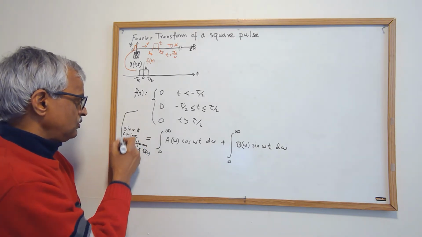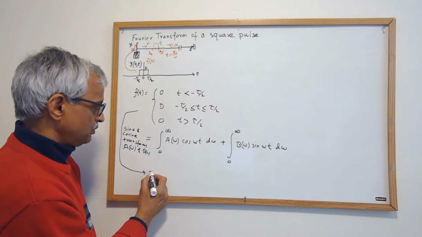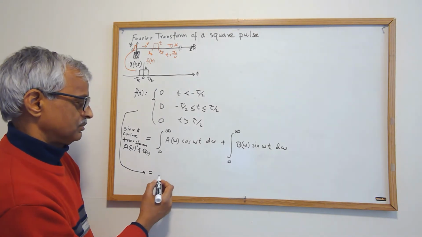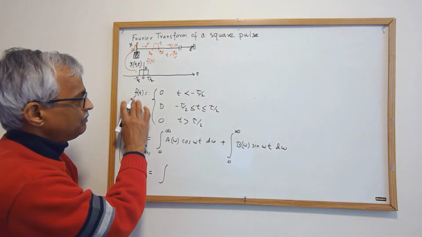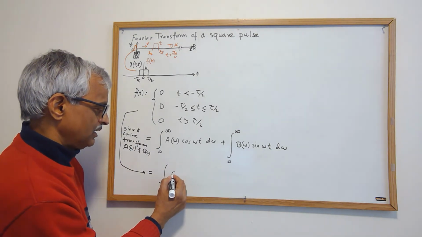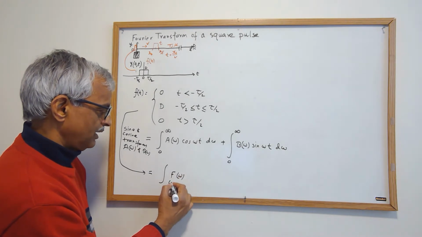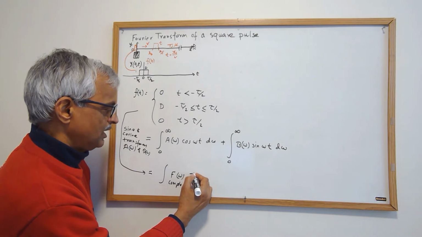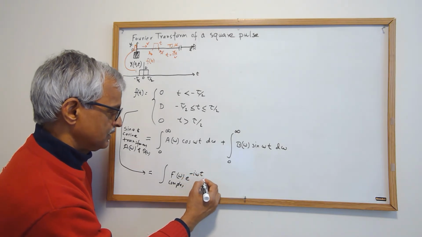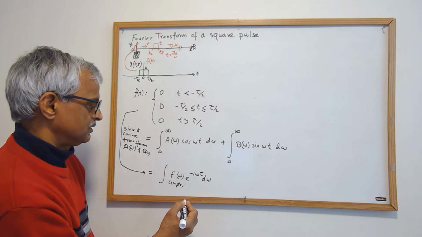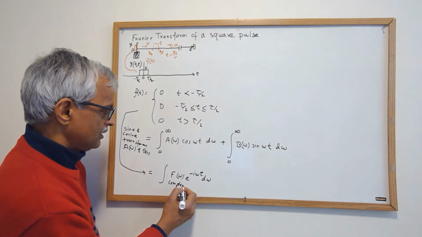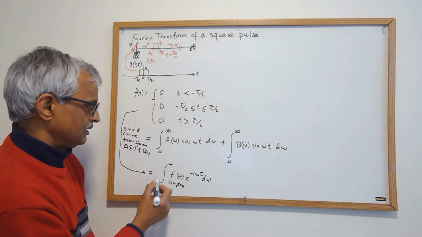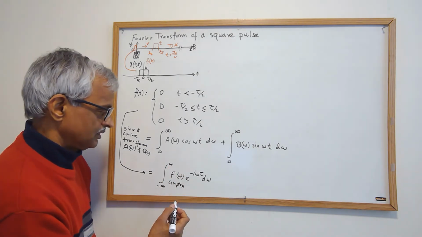You can do it the complex way. The complex one will be, we use the same letter but a capital letter, and this is complex: the integral of capital A of omega e to the power minus i omega t d omega, but d omega goes from minus infinity to infinity when you do complex.